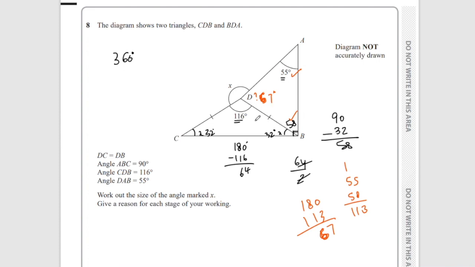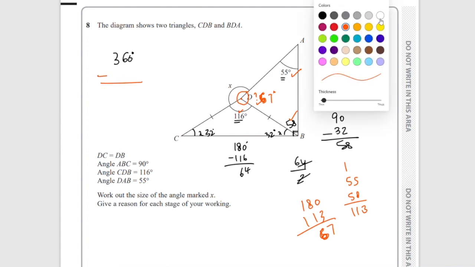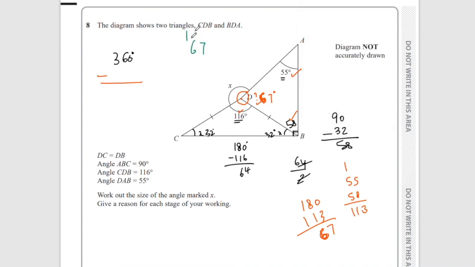Now, if angle D is 67, how much is angle X? As I told you, these are the three angles around a point. We add the two angles given to us and subtract from 360. So let's do that. We will add 67 and 116.